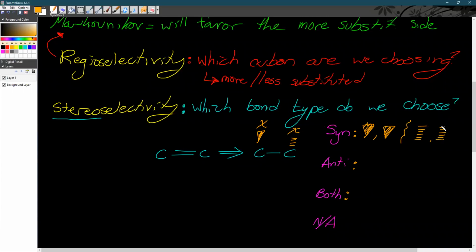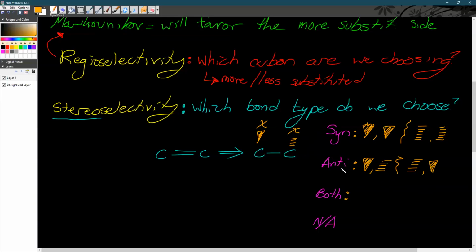So we're saying that the two groups had to be both added on the dash, or they're both added on the wedge. Okay. For anti, we're saying the opposite, that if one of them is on the wedge, the other one has to be on the dash. And if the other one's on the dash, the first one is on the wedge, so it's the opposite, anti configuration, anti to each other.